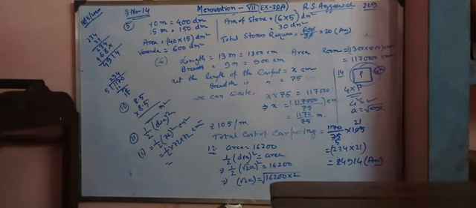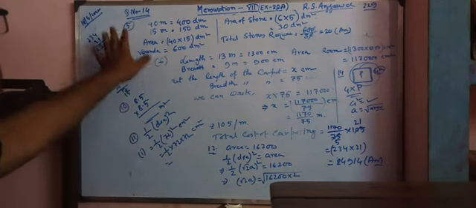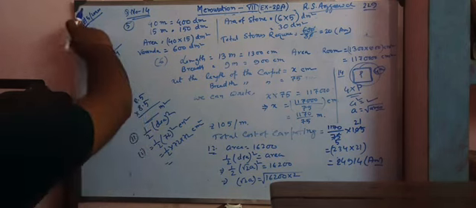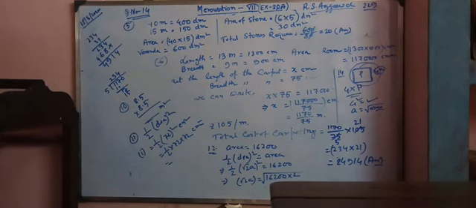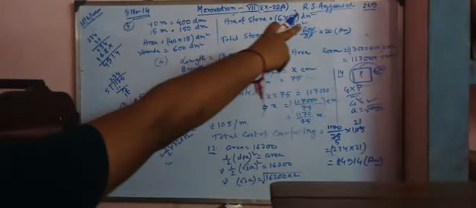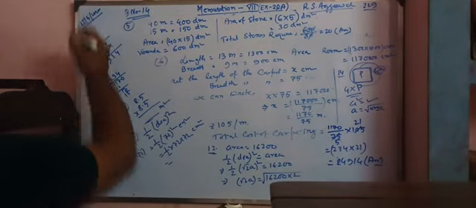The rest of the math up to question number 14, for which I have not given hints, is your homework. So that's it for today's class. You can write these things in your mensuration copy. You have to make a mensuration copy, and in it start the exercise from R.S. Agarwal, page number 229, and mention the date also.